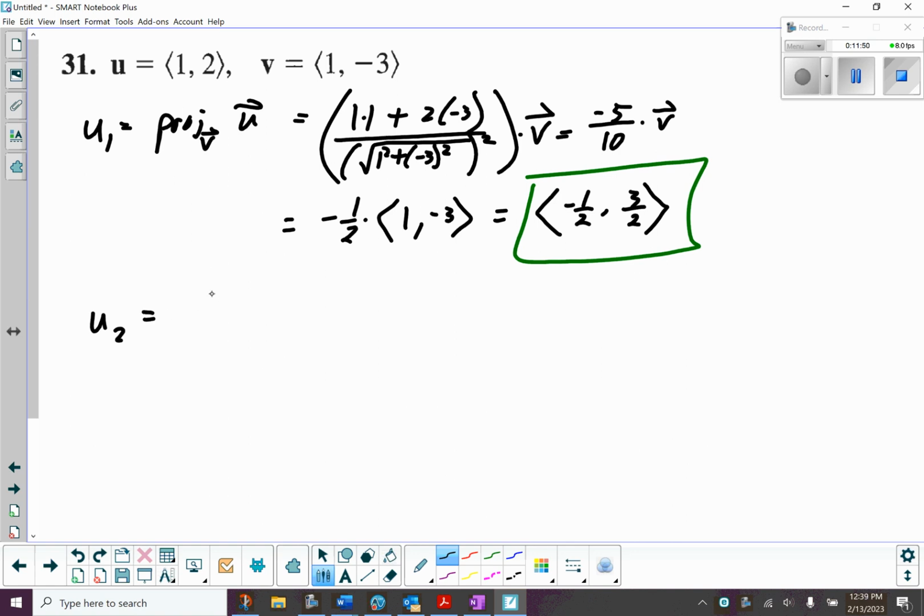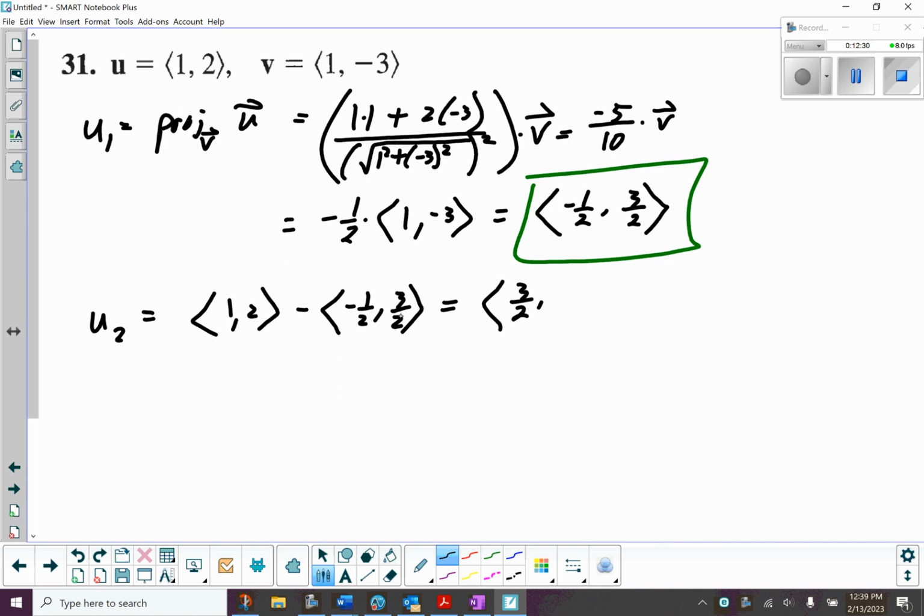U sub 2, we take the original vector u, 1, 2, and we now subtract u sub 1, negative 1/2, 3/2. Hopefully you're not fraction phobic today. Again, the first components, 1 minus negative 1/2, same thing as 1 plus 1/2. So that'll give me, let's write it as an improper fraction, 3 over 2.